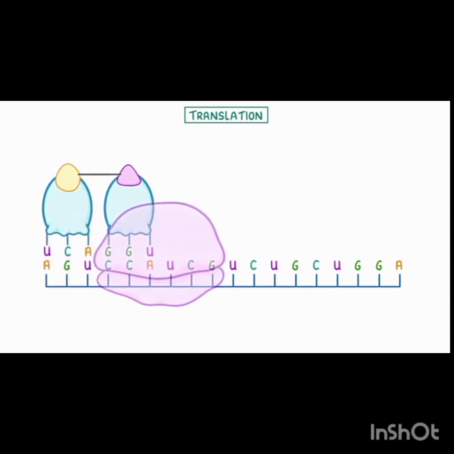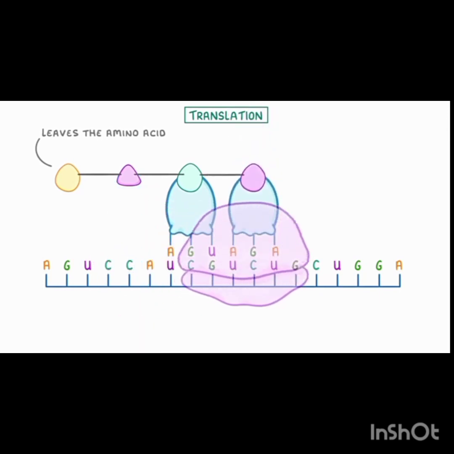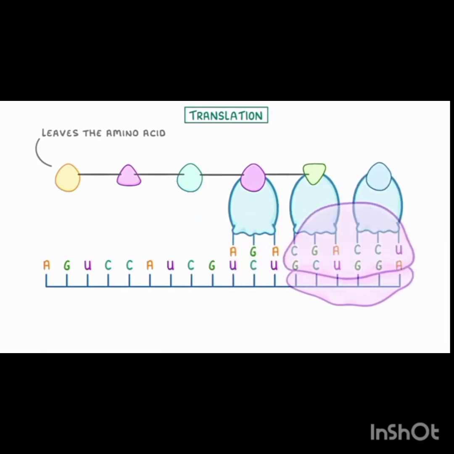Once it has finished reading one triplet, it reads the next one and brings the tRNA related to that code on the mRNA. Then the tRNA molecule falls away, leaving the amino acid behind, and this process continues until the mRNA strand is completely read and coded into amino acids.